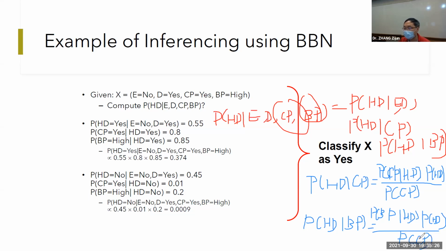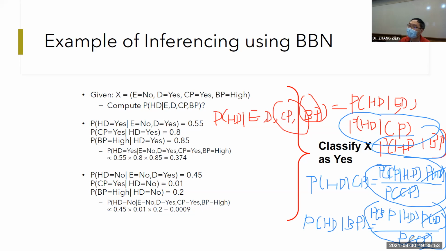If we replace this one with this term and the last term with this one, we can see that P(HD) and P(CP) are equivalent for these two terms. So they are fixed things, and we can ignore this HD and P(CP) and this P(HD) and P(CP).